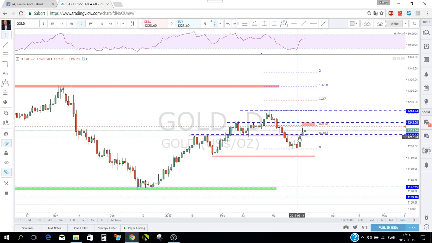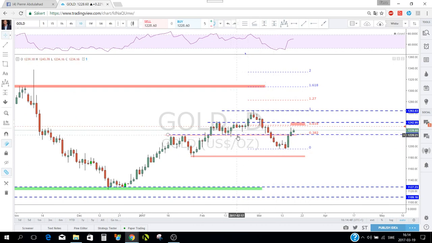I was looking at first for this structure here, the 1220.80 area, to see how price will react, because I was expecting that this structure maybe to hold, but price broke this structure and the 38.2 Fibonacci.